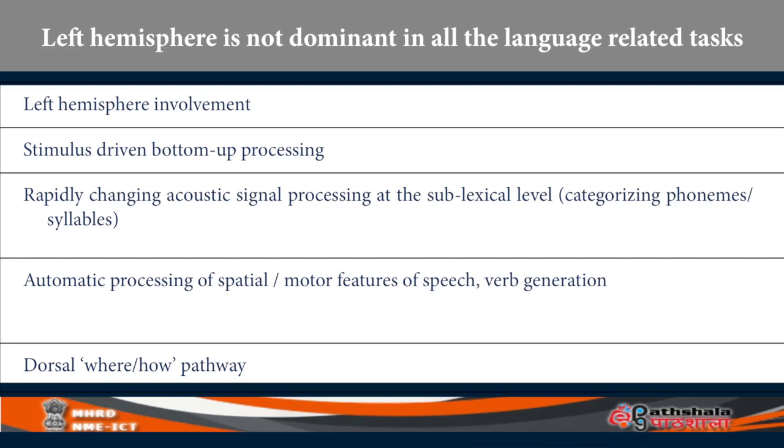As opposed to this, it is possible that both right and left hemispheres participate when top down processing takes place. That is, you draw on your world information, the information you know about the world, which is stored in your long term memory. So it is memory driven processing. When you are engaged in memory driven processing, both hemispheres participate. And also in control processing of abstract words and extraction.